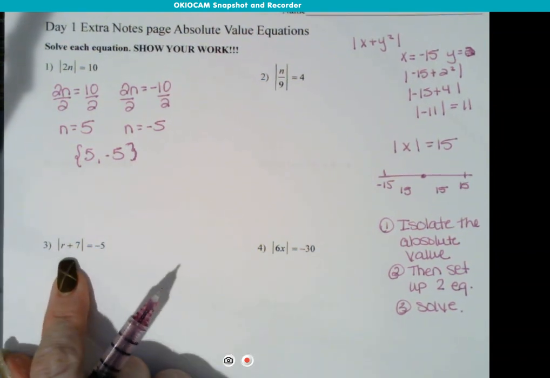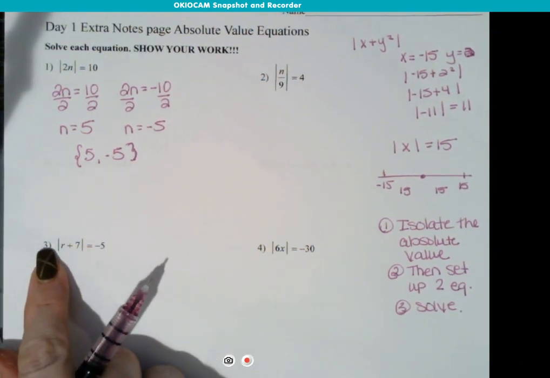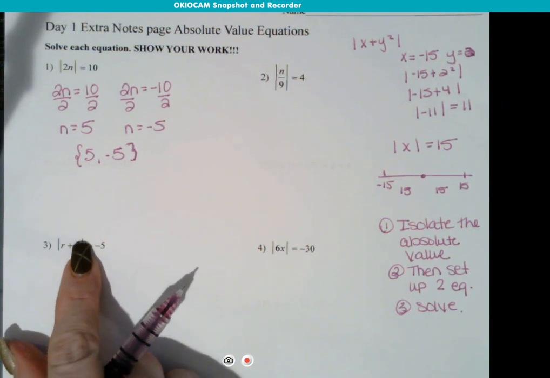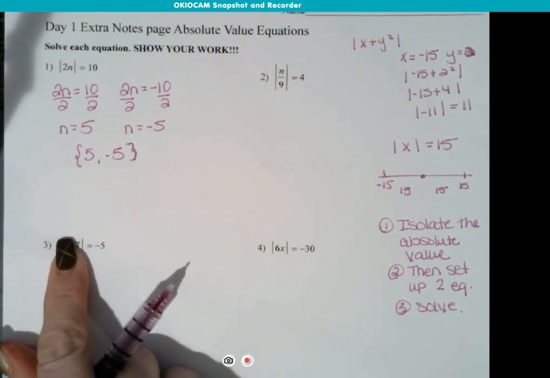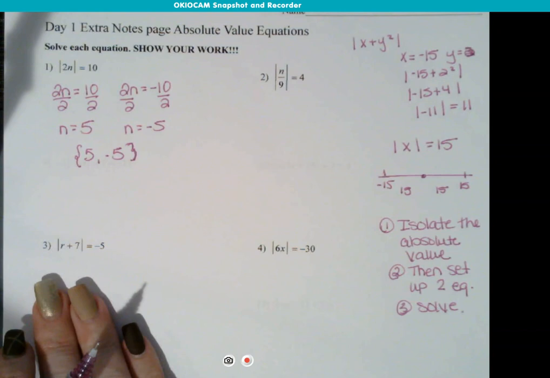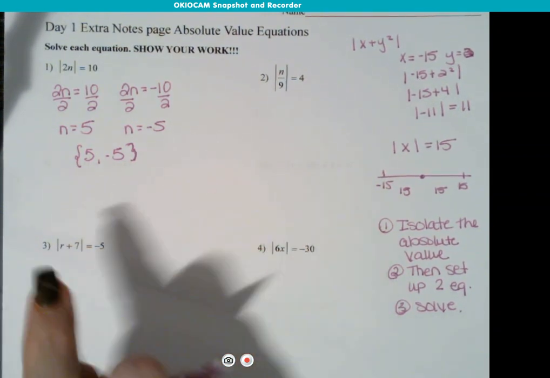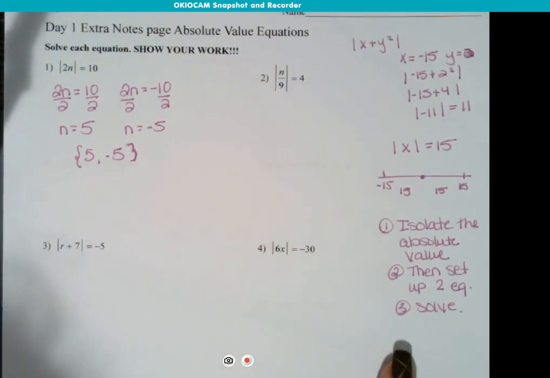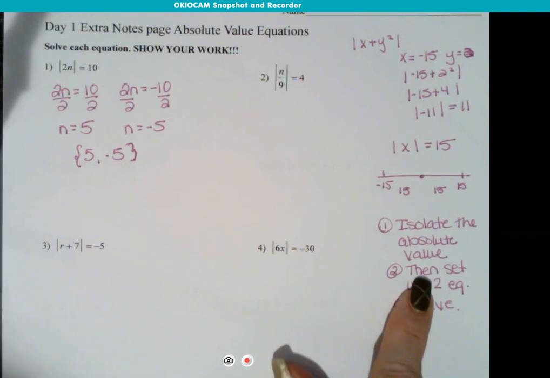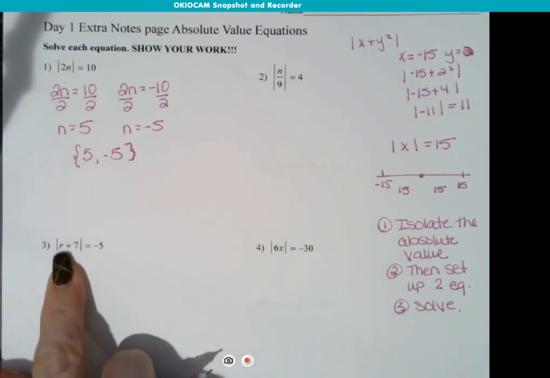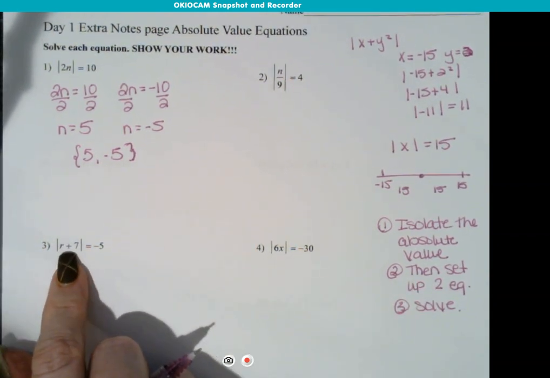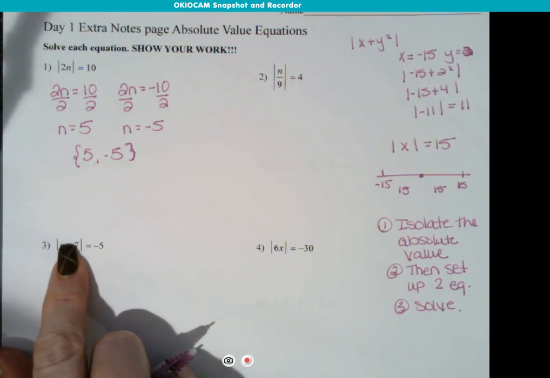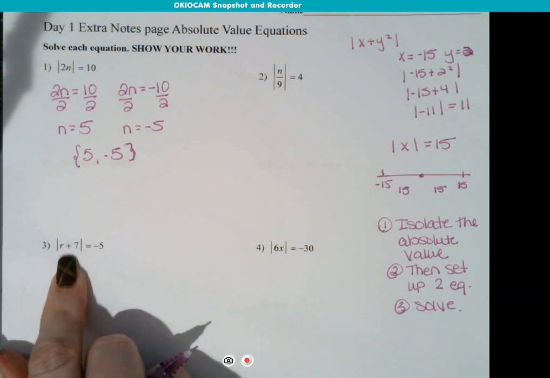What I mean by isolate the absolute value is notice how on these questions there's nothing out here multiplied or added. It's just what's in the absolute value. So this is isolated. Once it's isolated, I ask myself, because I told you there would be times that we don't set up two equations, is there a number that if I plug it in here becomes negative? Let's do it this way. What plus 7 would be negative 5?